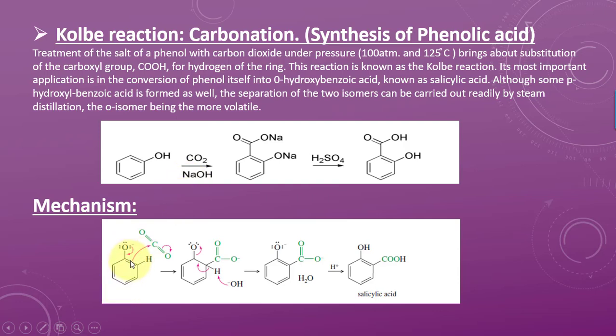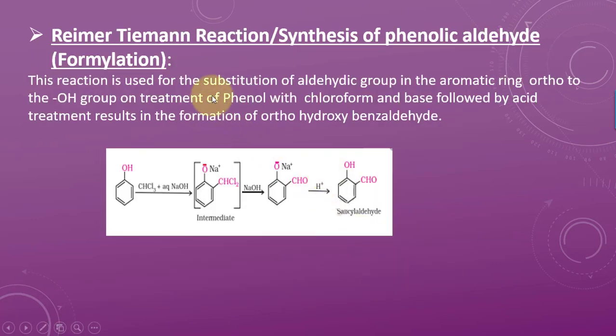Now this phenoxide ion is more reactive and attacks the weak electrophile carbon dioxide that would get attached to the ring, and in the next step protonation will take place, and this protonation will lead to the formation of salicylic acid.